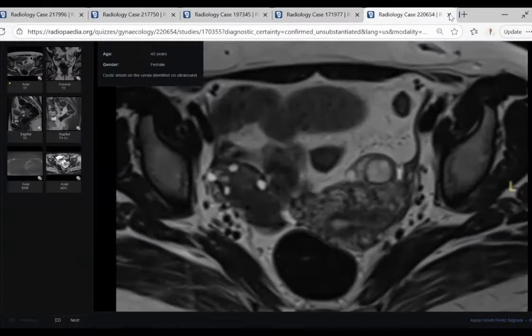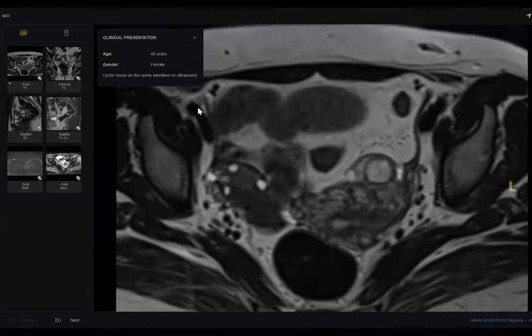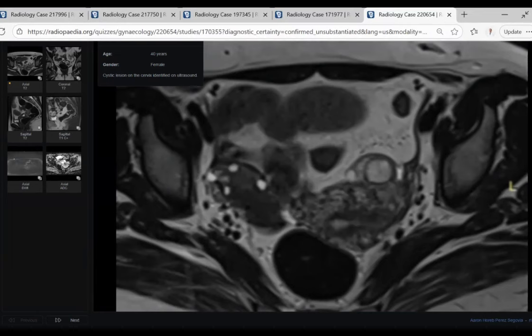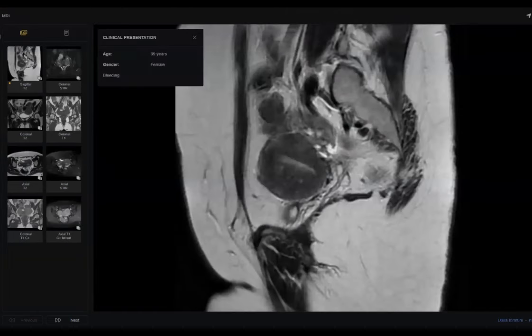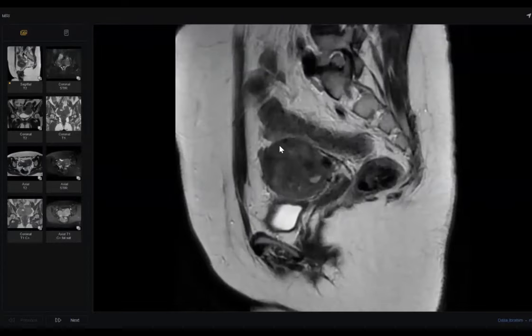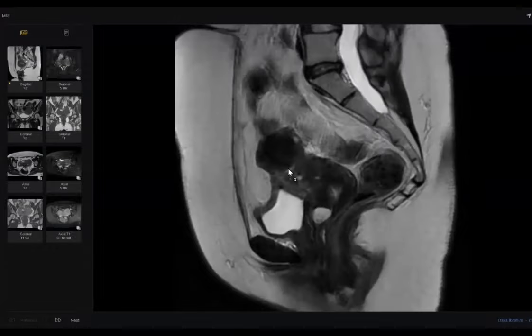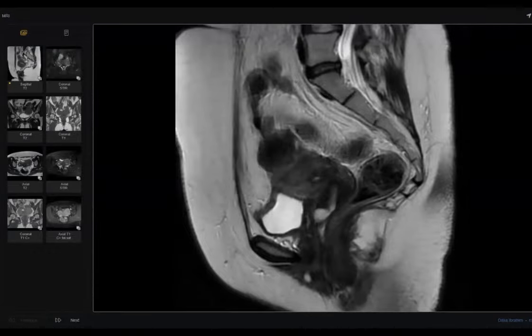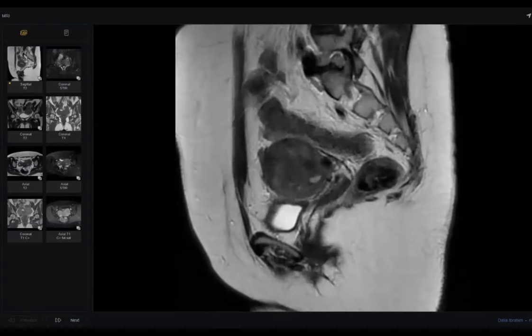Anyway, let's take another case. No problem. This is a 40-year-old. No, yes, this one. This is a 39-year-old female patient complaining of bleeding. Should I scroll? Use the arrow. Use the sidebar. It's not really scrolling. Yeah, it is now, right?